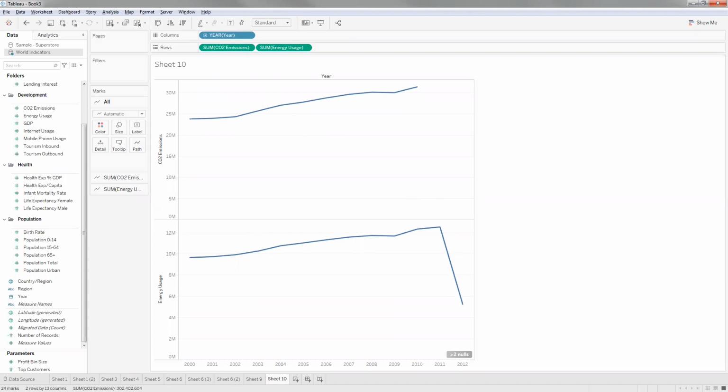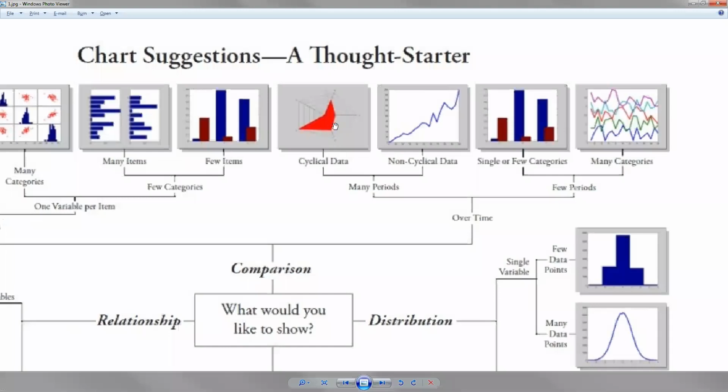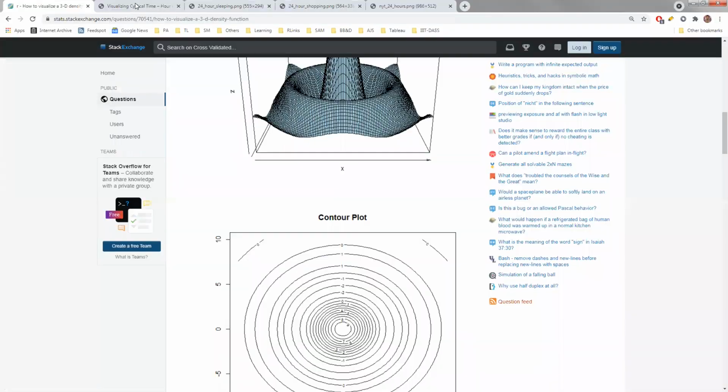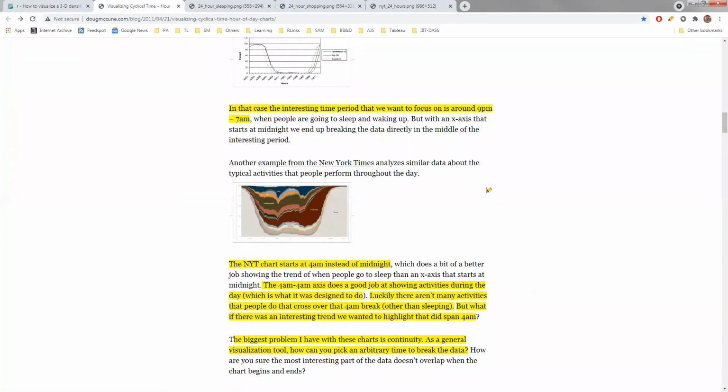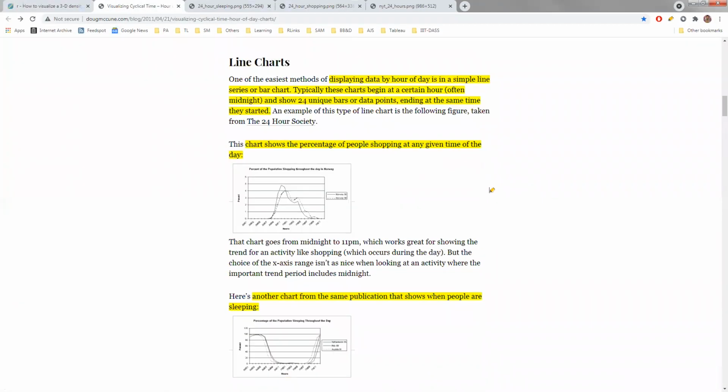So let's quickly jump to the last part for today's session, which is cyclical data. So we have many periods, but we want to look at cyclical data. Let's understand first of all what cyclical data is and where it is normally used. There's one very good article that I found which explains the need for a different visualization other than a line chart for cyclical data.